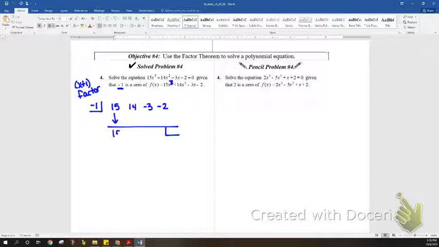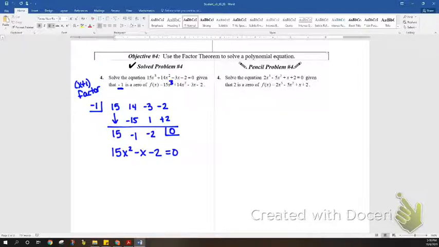All right, bring down the first term, times a negative 1, combine, times a negative 1, combine, times a negative 1, and combine. So our problem started with 15x cubed, so our answer, remember, is 1 less. So 15x squared minus x minus 2. Well, this is still going to be equal to 0.